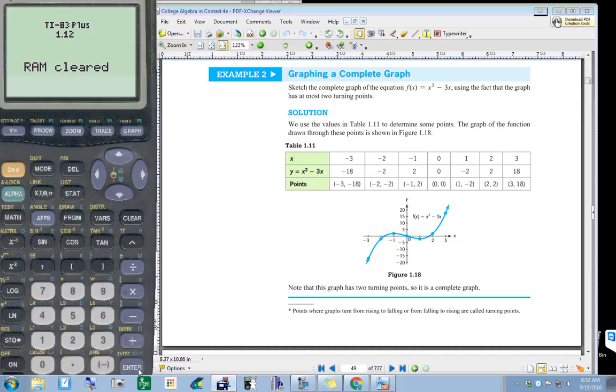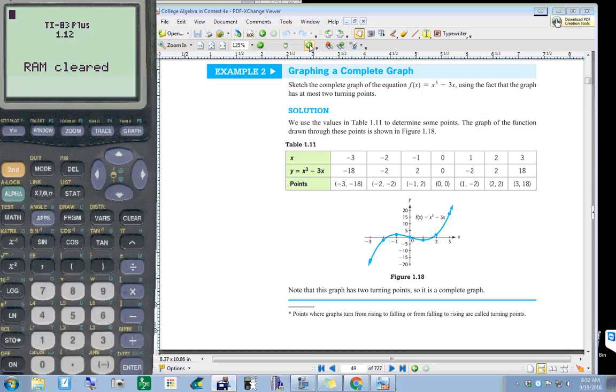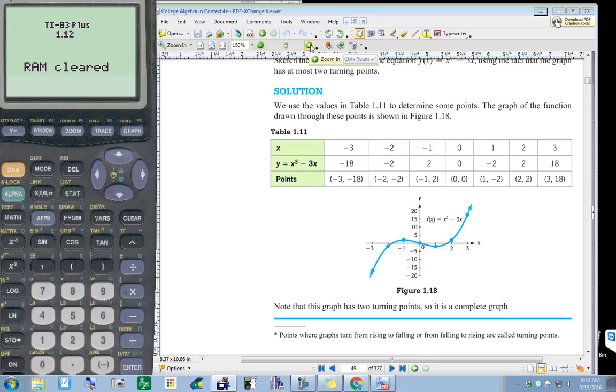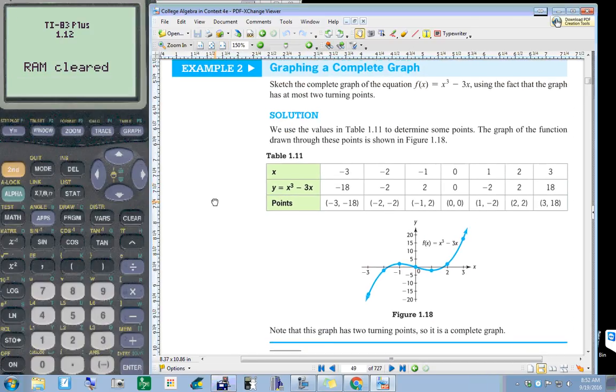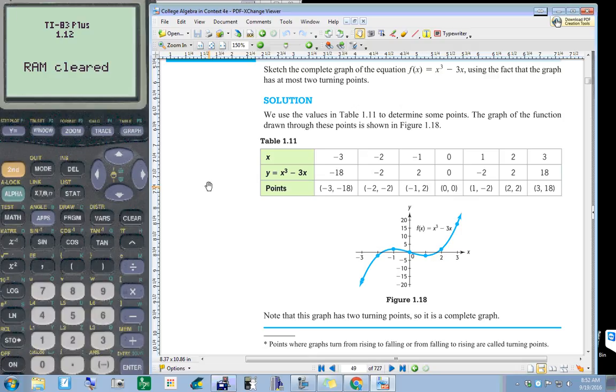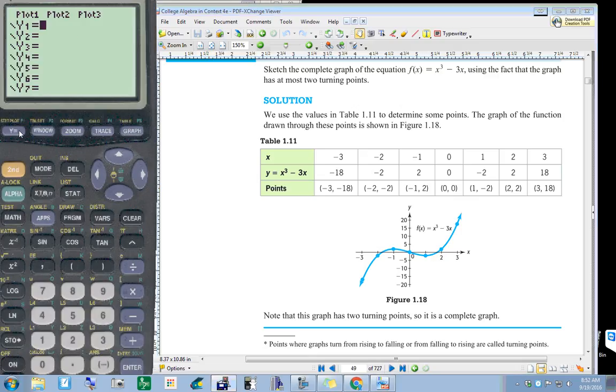The equation that we've got here happens to be y equals x cubed minus 3x. So we hit the y equals key up there. Then we take x, raise it to the third power, subtract 3x.